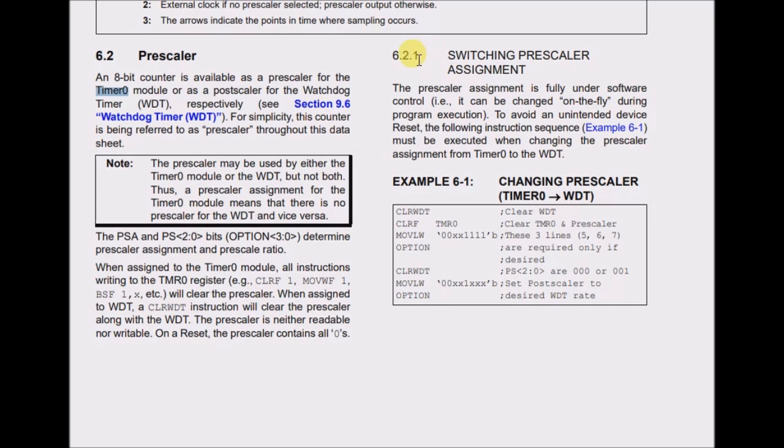Switching prescaler assignment. The prescaler assignment is fully under software control, i.e., it can be changed on the fly during program execution. To avoid an unintended device reset, the following instruction sequence, example 6.1, must be executed when changing the prescaler assignment from Timer0 to the WDT.